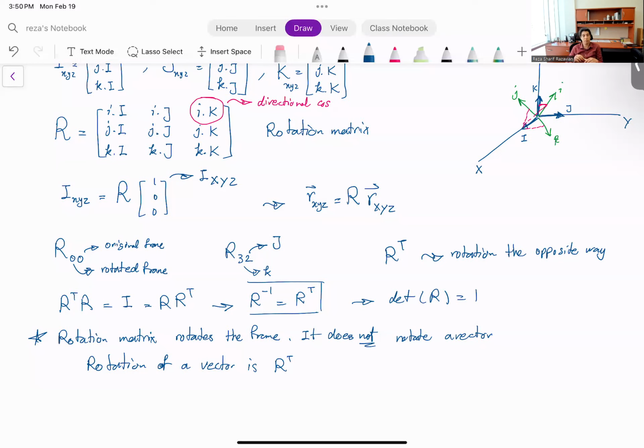This is the most complete and foolproof way to describe rotation, but it is not the only way, and maybe it's not the best way, for the reason we'll see in the next video. So I will leave you with this, ponder on this, and make sure you don't mix up which one's which, rotating the frame or rotating the vector. I always do. And I'll see you in the next video.